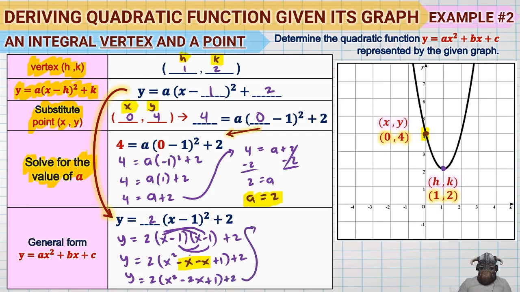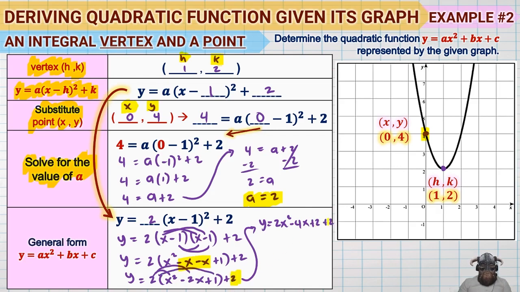So, tuloy natin. So, now we are ready to distribute this 2 on the trinomial inside the parentheses. 2 times x squared is 2x squared. 2 times negative 2x is negative 4x. And 2 times 1 is plus 2 or positive 2. Then, don't forget na meron tayong plus 2 pa nandito.